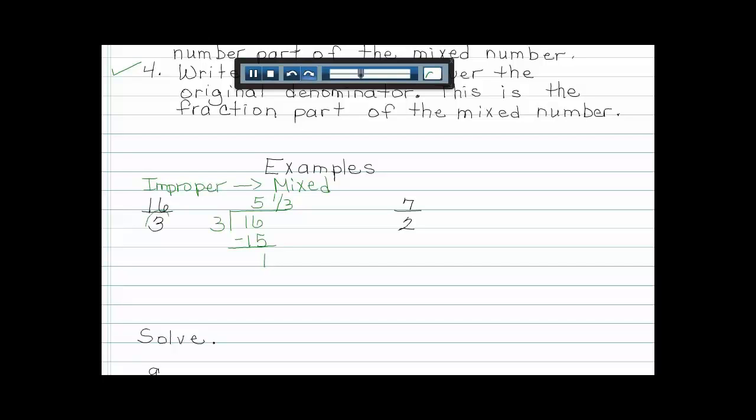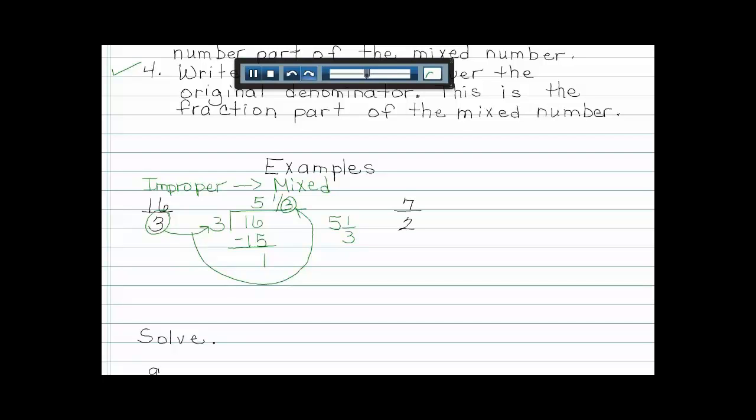So the original denominator 3, which is what we're dividing 16 by, also becomes the denominator in the fractional part of our mixed number. 16/3 becomes 5 1/3 as a mixed number.